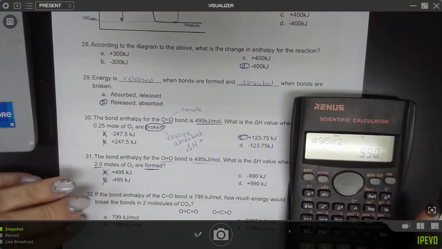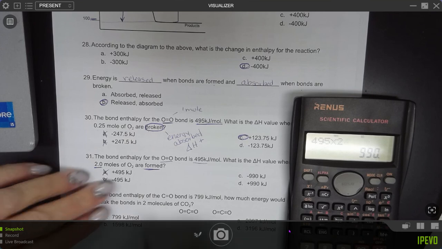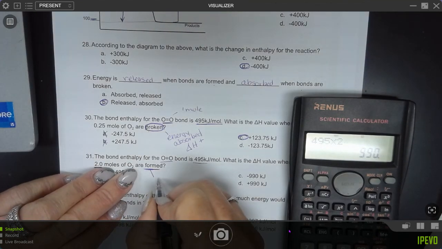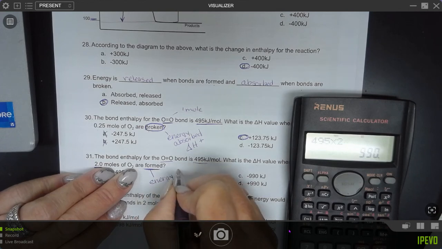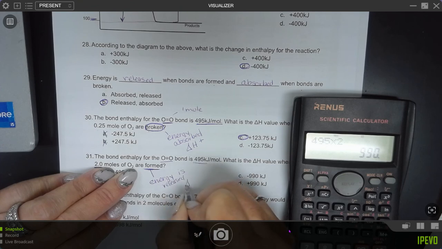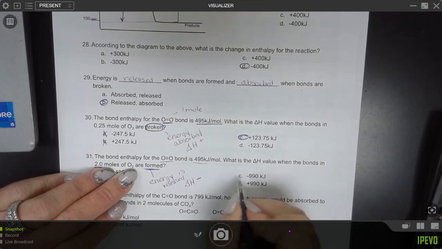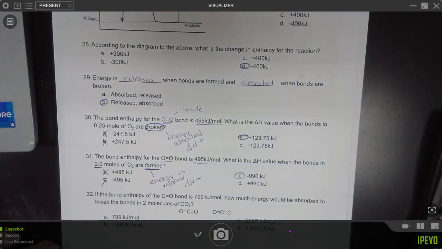Is that positive or negative? The bonds are formed, and when bonds are formed, energy is released, which means delta H is negative. So this is going to be a negative 990 kilojoules.